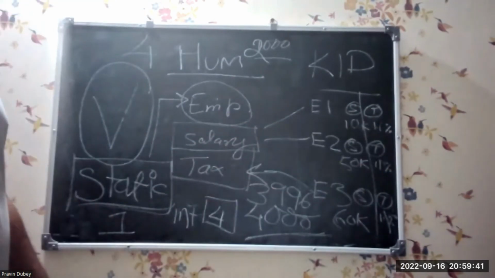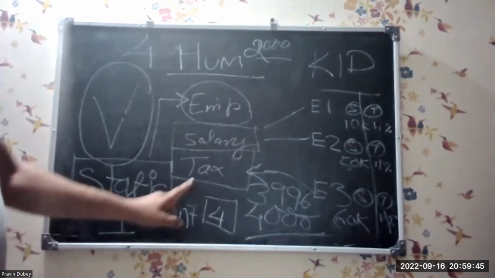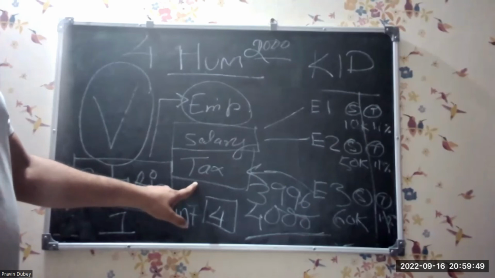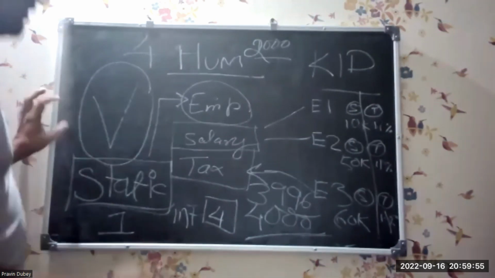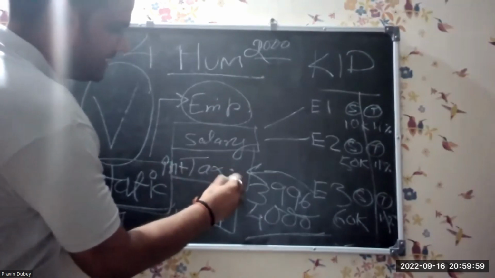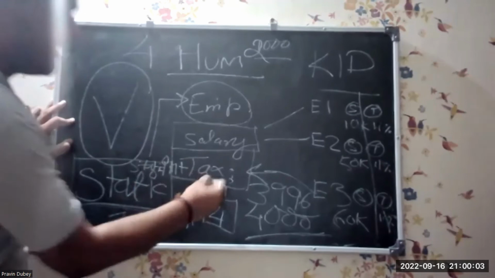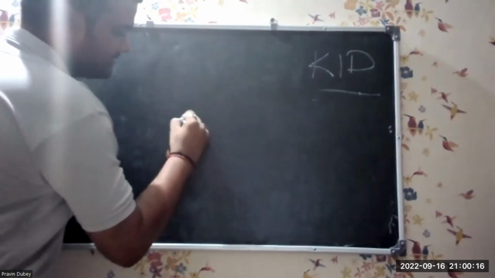Suppose 2,000 employees are there and the same tax is applicable for all of them. In that case, we can declare this variable as static for tax only, right? Correct. So instead of saying int tax, now I can say static int tax.